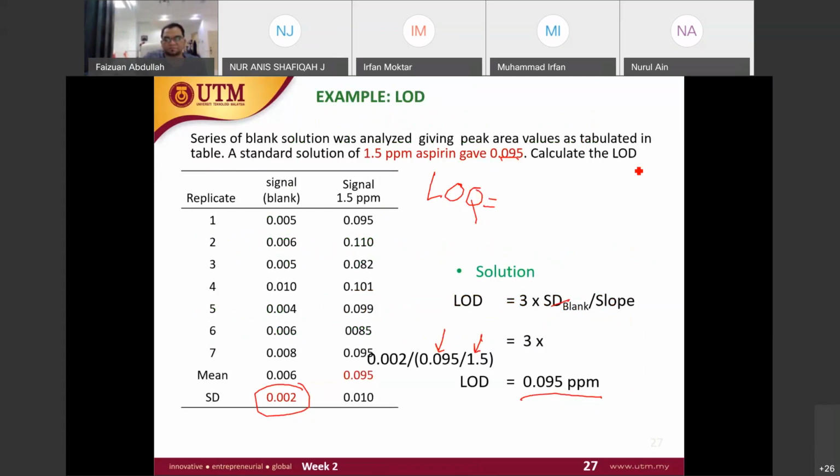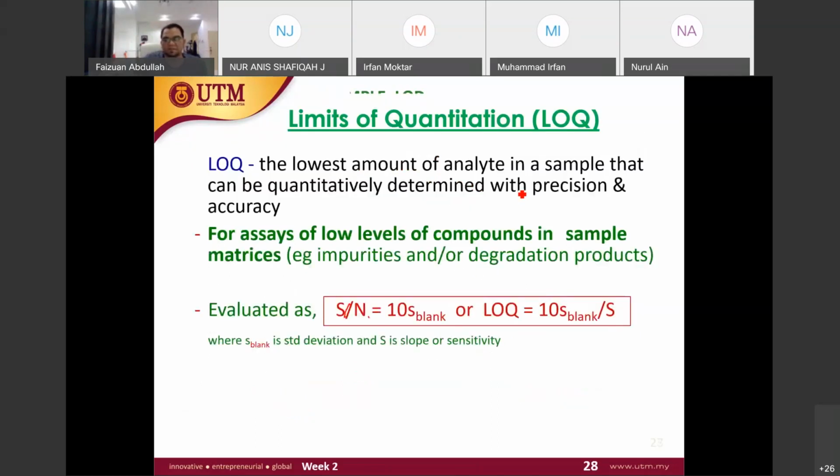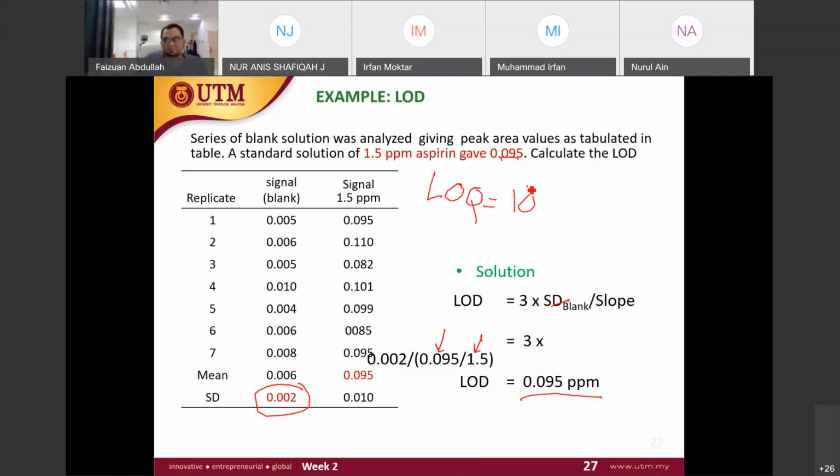So 10 times the standard deviation of the blank, 0.02, divided by 0.095, divided by 1.5, the concentration.